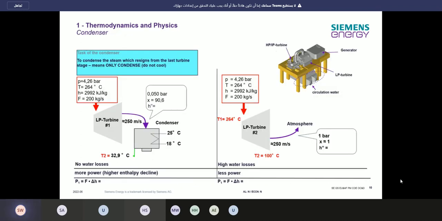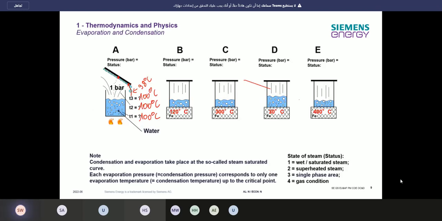So that's now the basics, let's say, of evaporation and condensation. Important is, like Saif asked, evaporation is always happening at the same temperature, and also condensation. And it's both depending on your saturation or evaporation temperature. That's the important part.